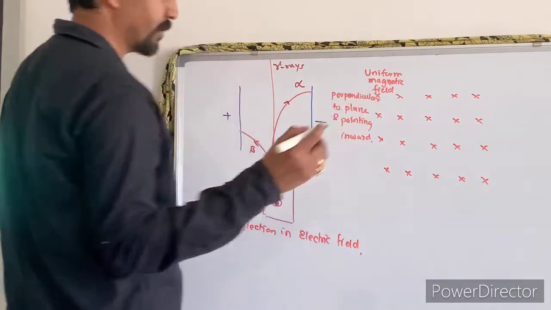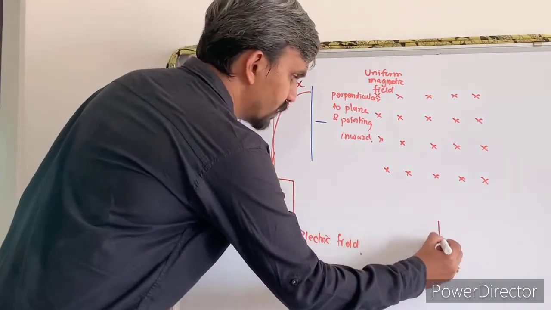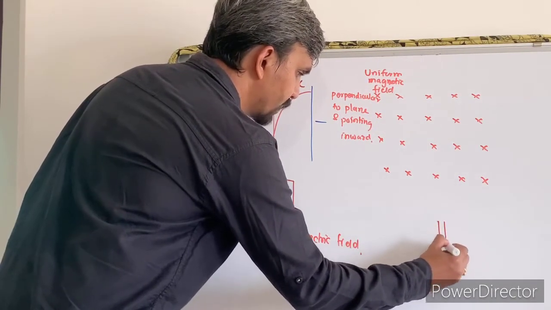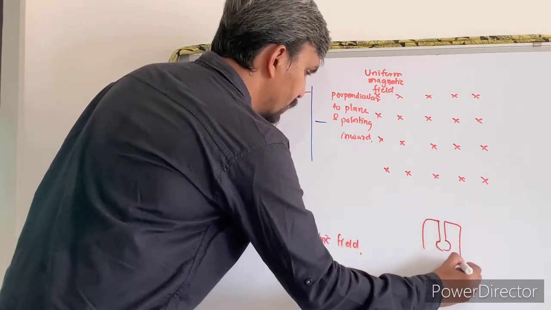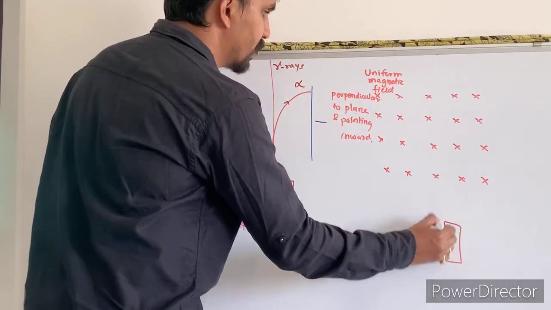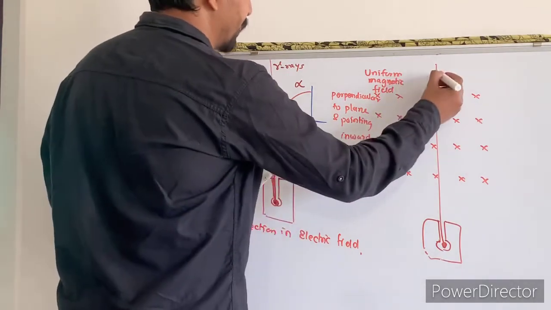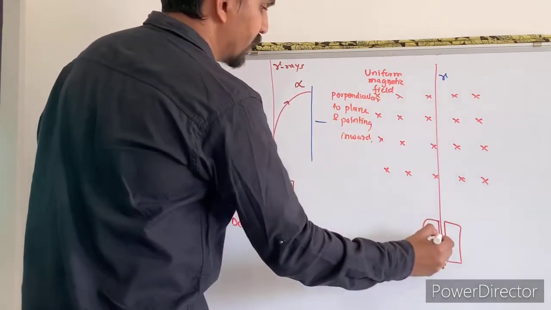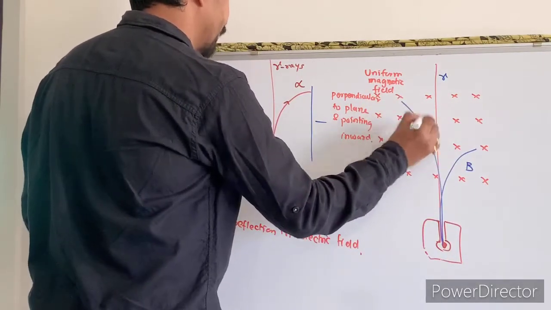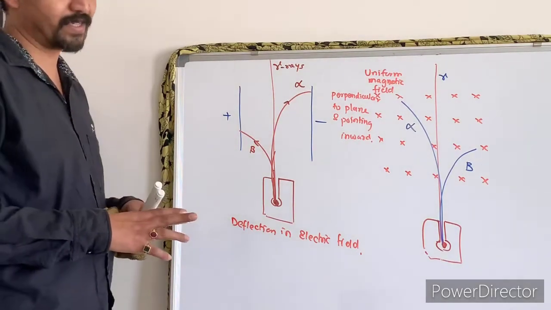Here I am considering a box, which is your lead box containing radioactive element. So this is your gamma, which travels straight. Here it will be beta, and here it will be alpha. Deflection of beta is more and alpha is less.